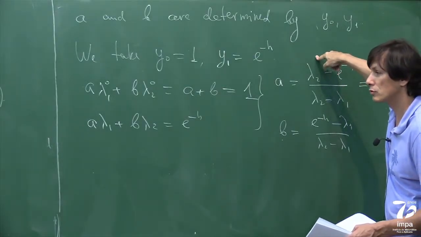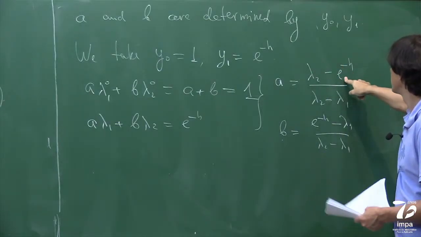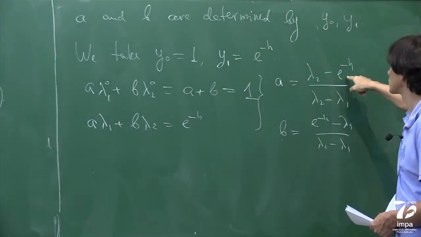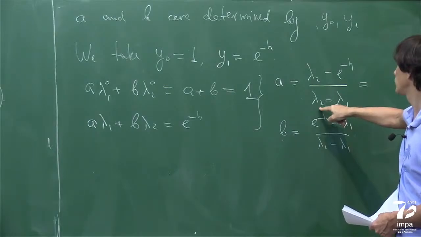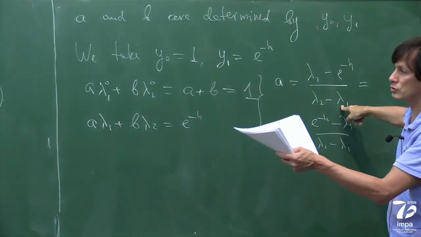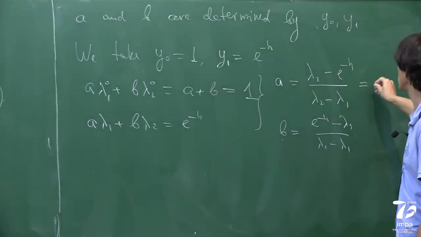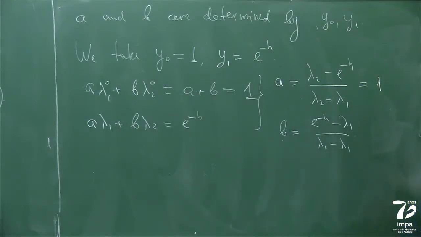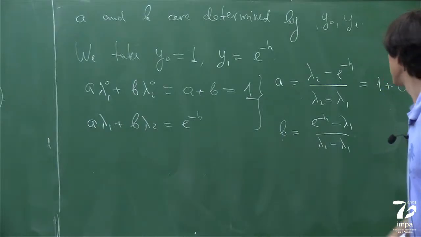So lambda 2, the first order term is minus 5, this gives 1, so minus 5 minus 1, minus 6, and here will be minus 5 minus lambda 1, which is 1, so minus 6. So its first order term is 1. And the rest does not matter. So actually, we already know that the first order term is 1.